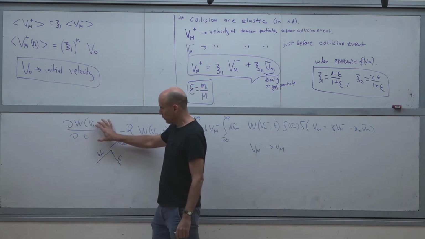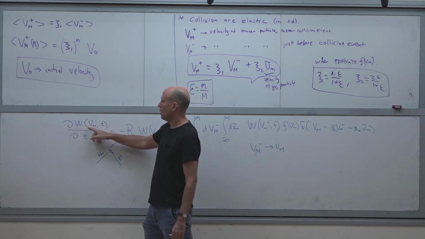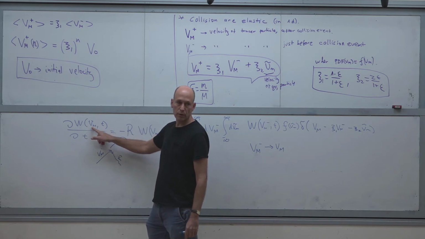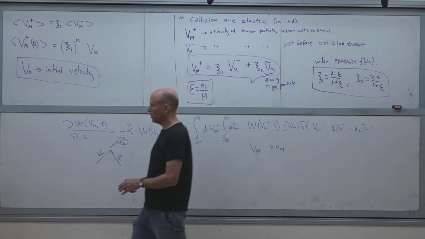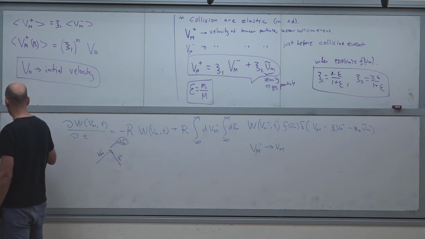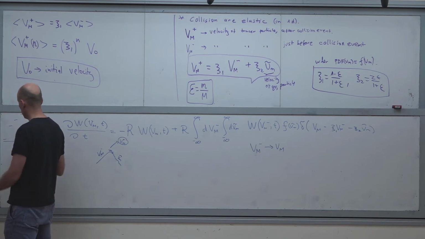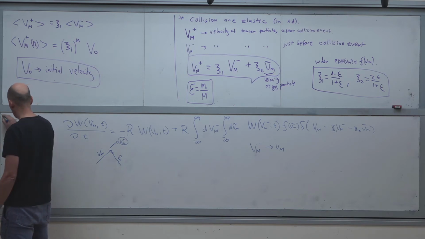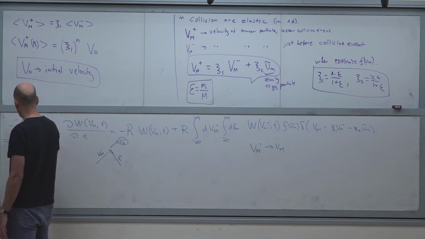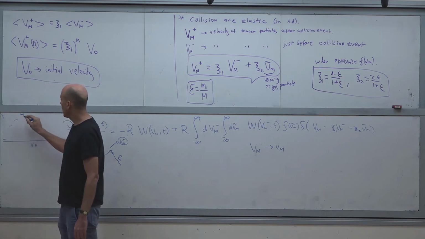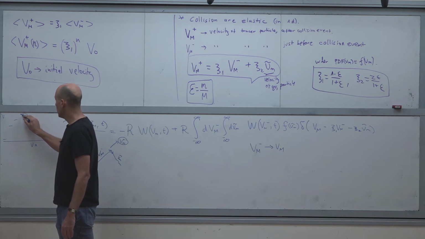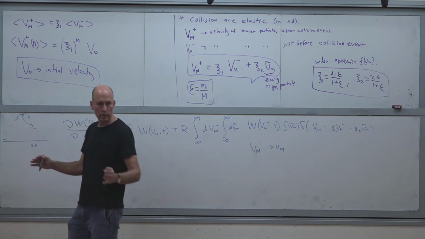So I build a histogram of this, which means I have many particles with some velocity Vm. So I think about this W as some shape at some time t. But I make it bins. So this is Vm, this is W. And of course there is a small surrounding, but if I'm here, I can go to here, I can go to there, I can go to here, etc. I can go many places.